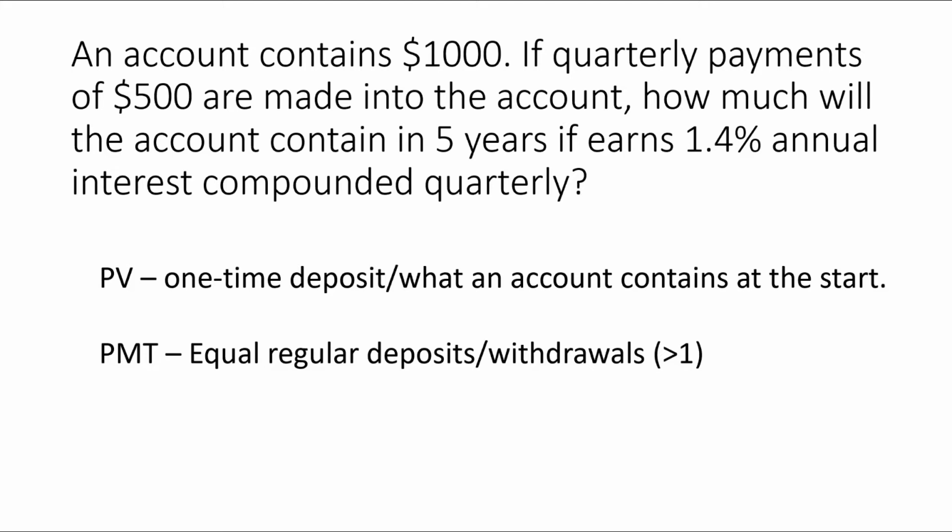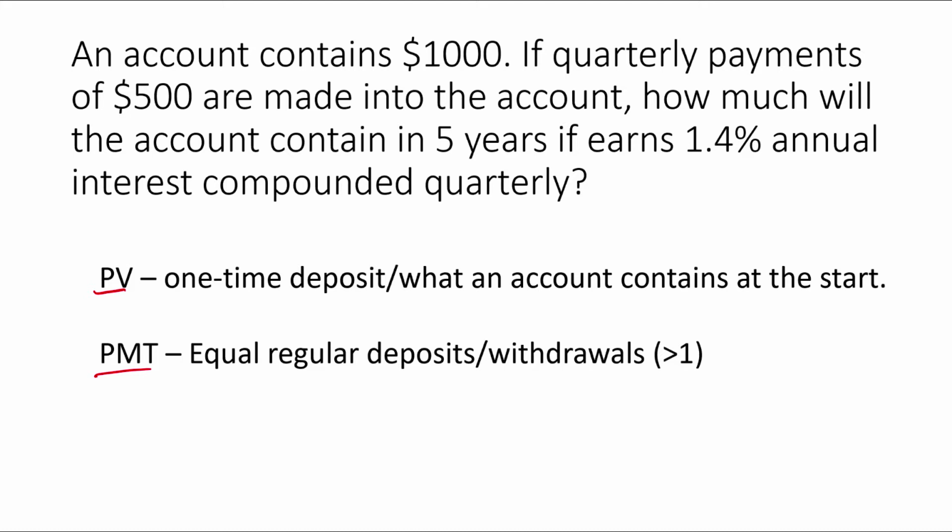Before we do this one, let's distinguish between a present value and a payment, because these are kind of easily confused. The account contains $1,000. That's going to be the present value. The present value is a one-time deposit, or just what the account contains at the very start.